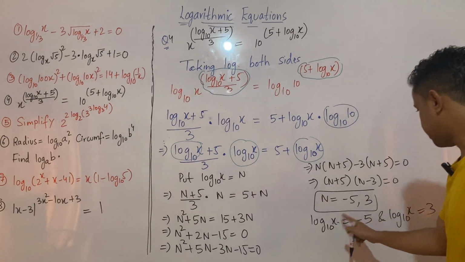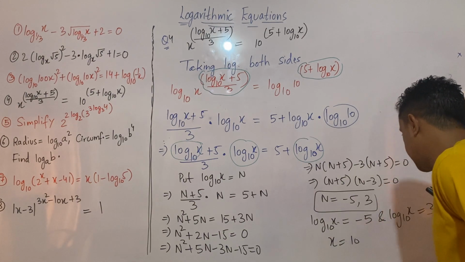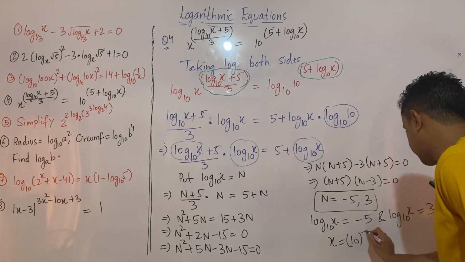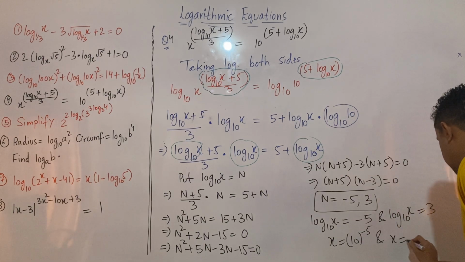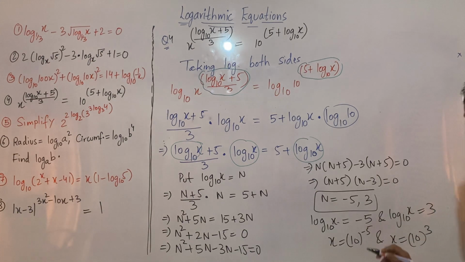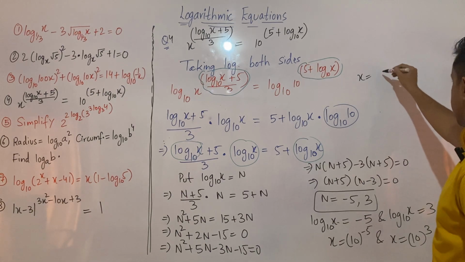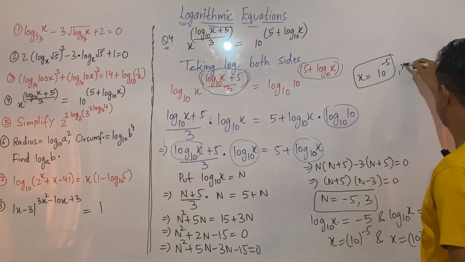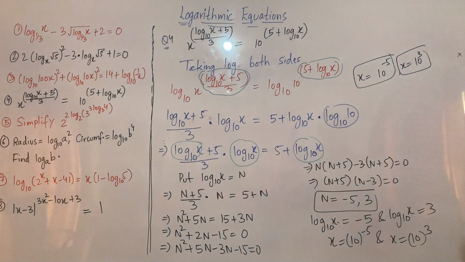So from here the value of x is going to be 10 raised to power minus 5, and 10 raised to exponent 3.